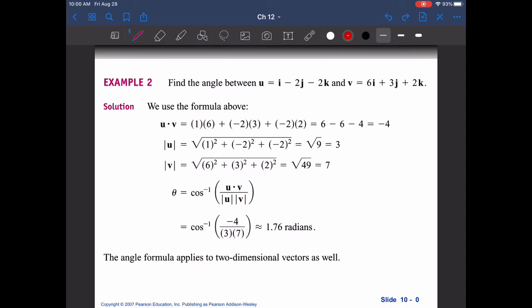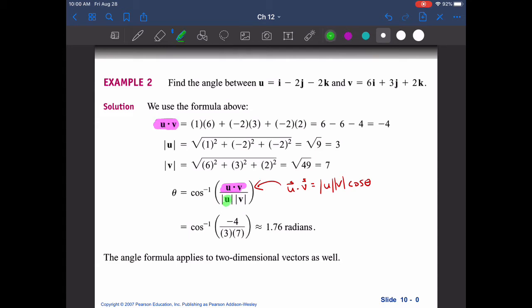The first thing they do, I prefer to start with u dot v equals magnitude u times magnitude v cosine theta. That's the one I remember, but again, just a couple steps and you get right to that version. No matter what, if we're trying to solve for theta, we're going to need u dot v. That's being solved right here, doing the dot product of it.